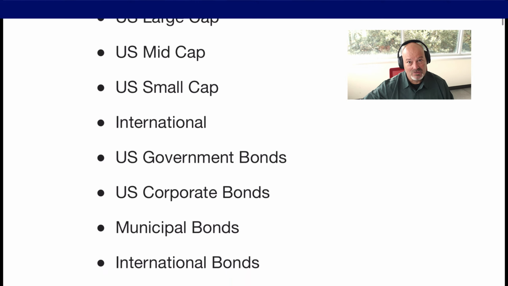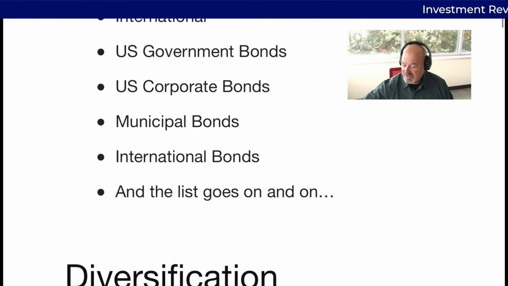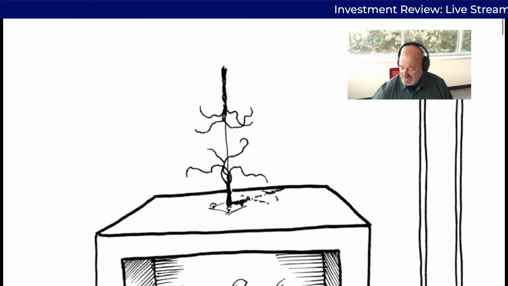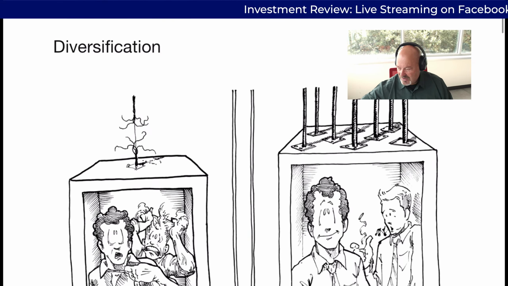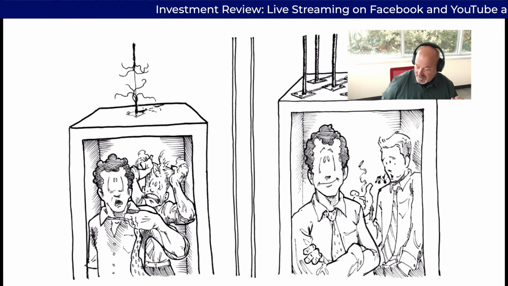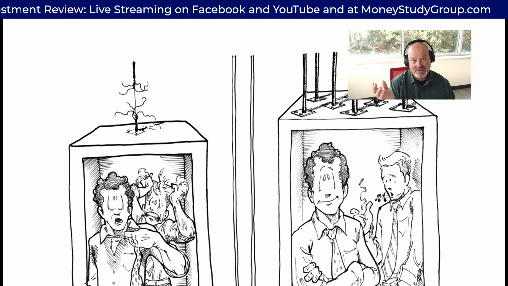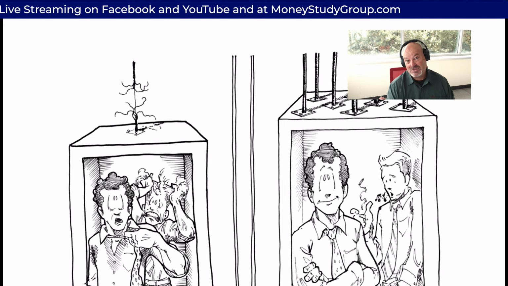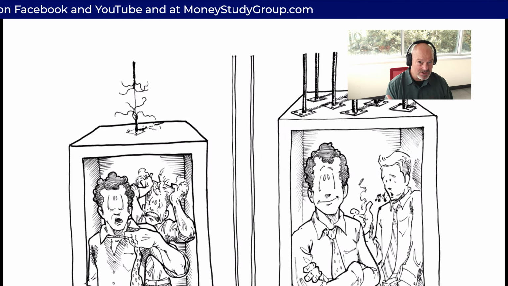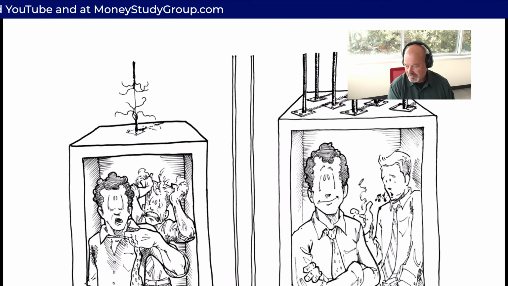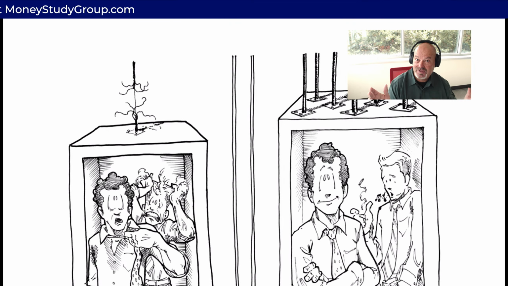Just take a little bit each week, read a little bit. So this is diversification. This was the picture that I have in all my books about diversification. In the old days, in fact, if you listen to Dave Ramsey, he's a big proponent of mutual funds. Mutual funds used to be a great invention until ETFs came along.